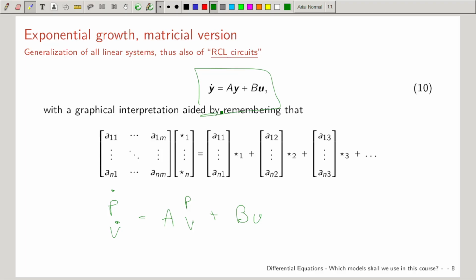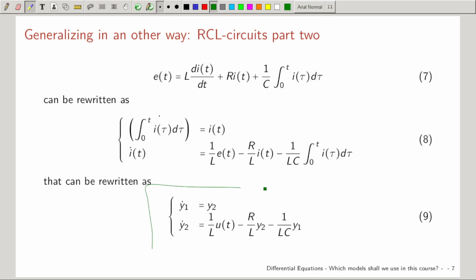For example, here we have it. True? Let's rewrite it as matrices.